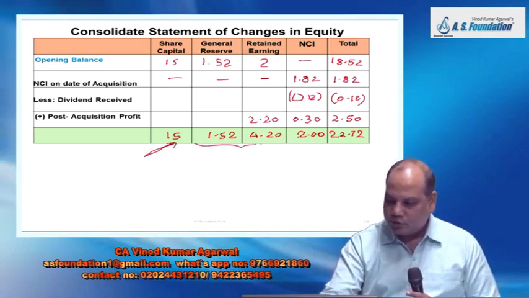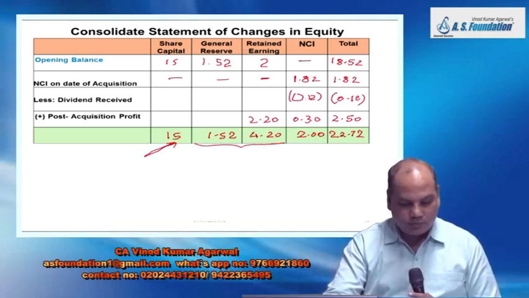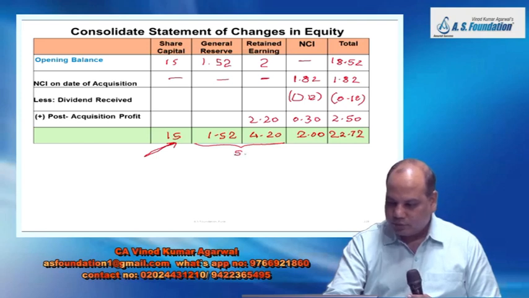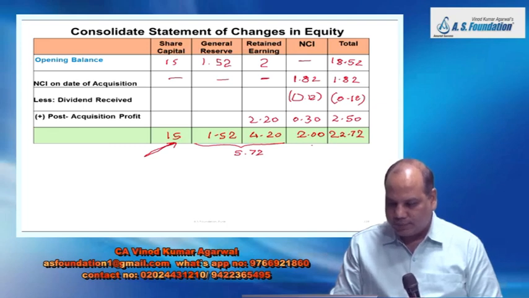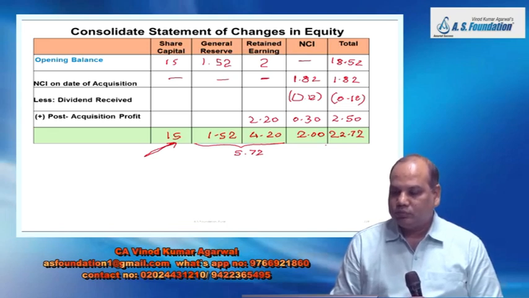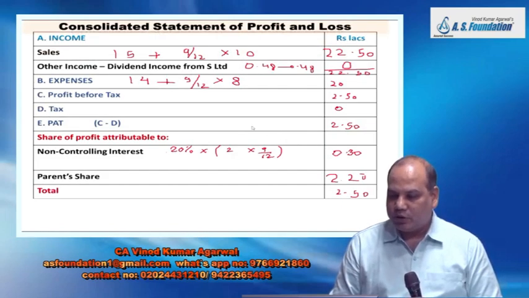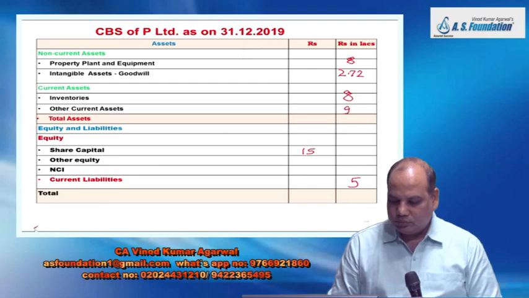What is the total of these two, general reserve and retained earning? 5.72. NCI is 2. Other equity right here.